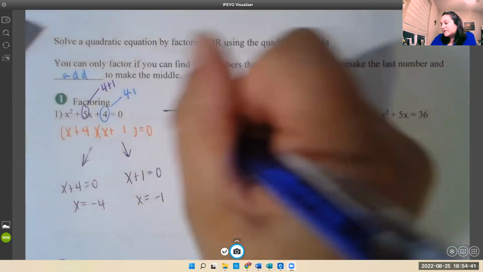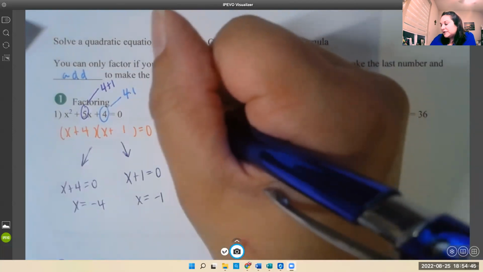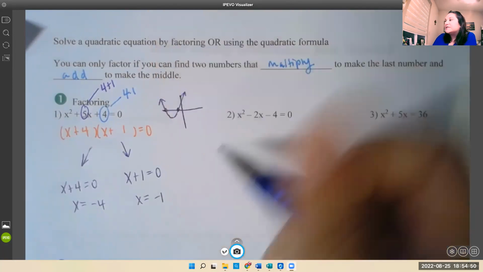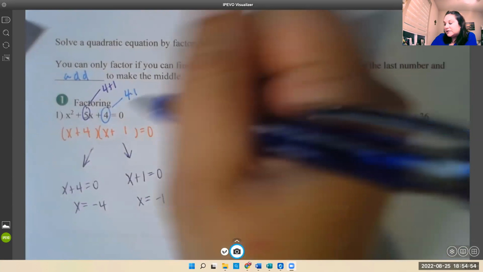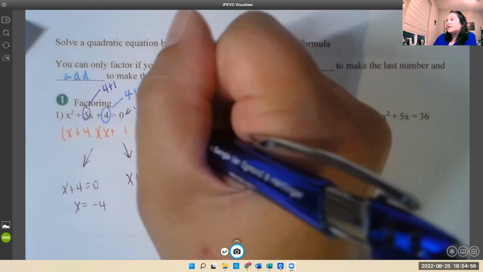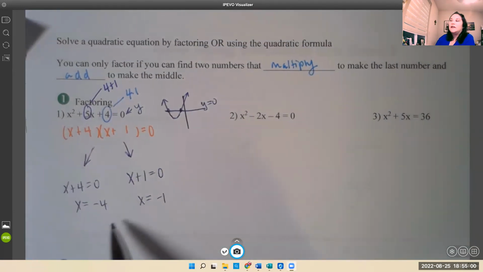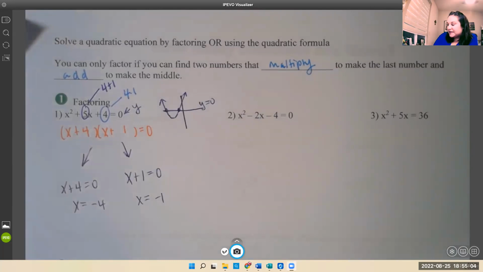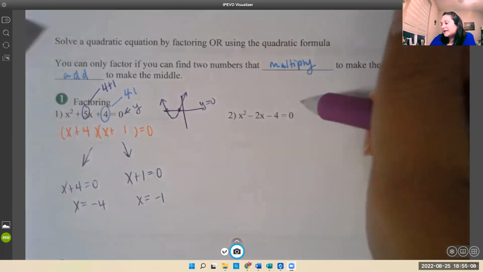The graph of a quadratic equation is a parabola, and there are two different x values that would make the y value equal 0. So you'd be taking a quadratic equation, letting y equal 0, and solving for the x-intercepts.